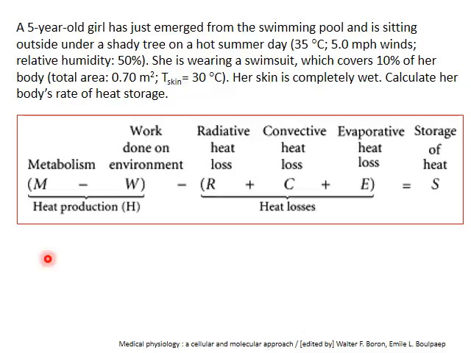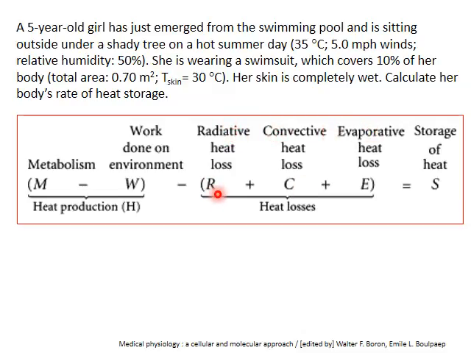To do this, we're going to use the heat balance equation. The heat balance equation includes a heat production component, which is metabolism minus work. So any amount of metabolism that is not used to do work results in heat production. It will also include a heat loss component. So the heat loss component is the amount of heat that is transferred from radiation, convection, and evaporation.